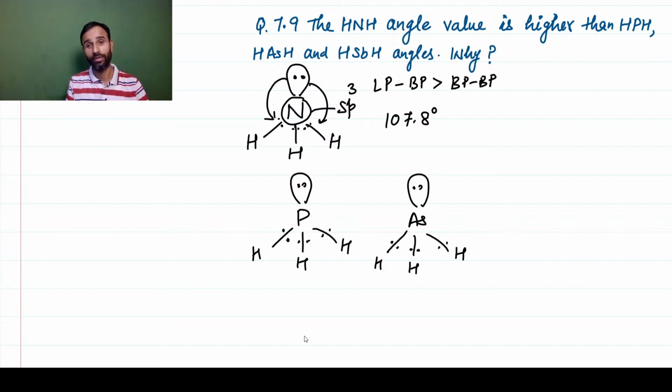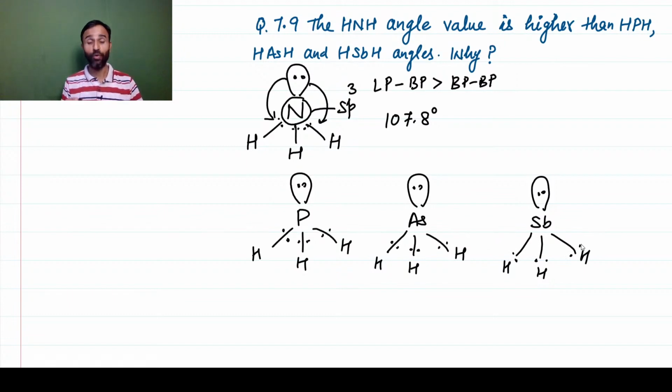In SbH3, it moves further away from the central atom. Therefore, bond pair repulsion decreases.